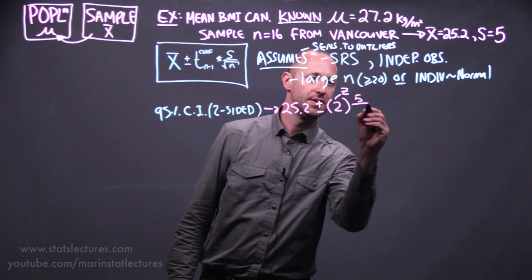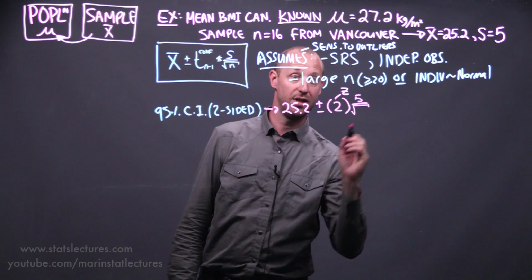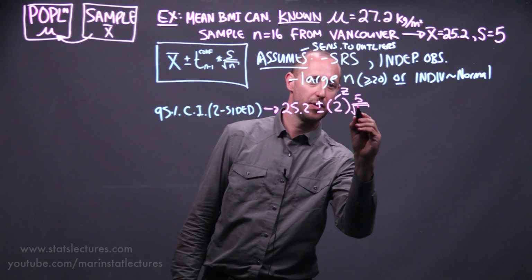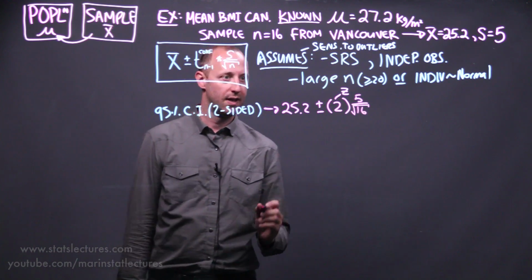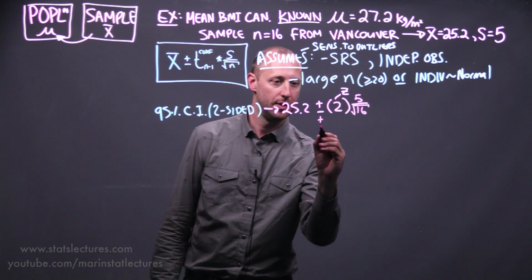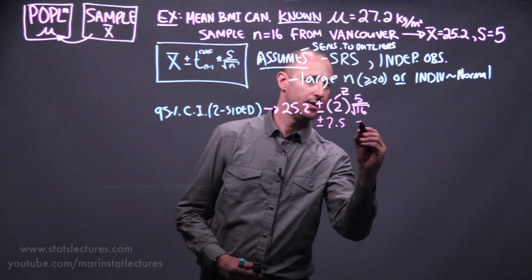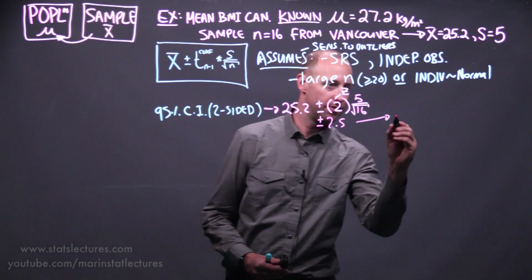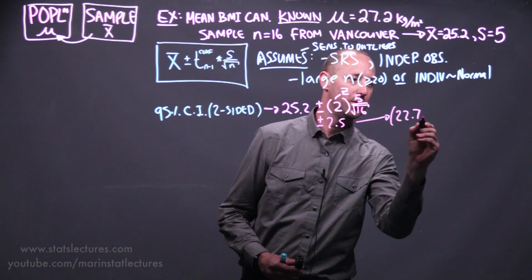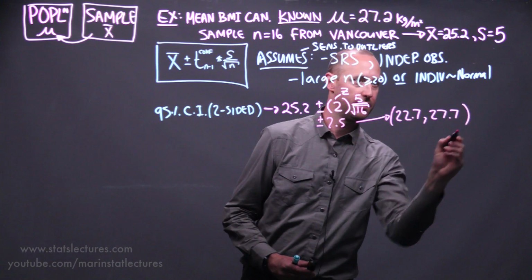Times the standard error of the mean, the standard deviation of the individuals in the sample divided by the square root of the sample size. If we work this out, we get plus or minus 2.5, and that gives us a confidence interval of 22.7 up to 27.7.